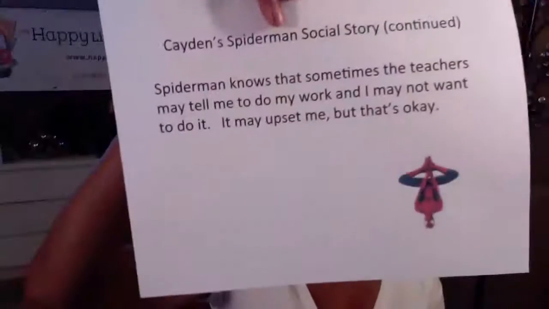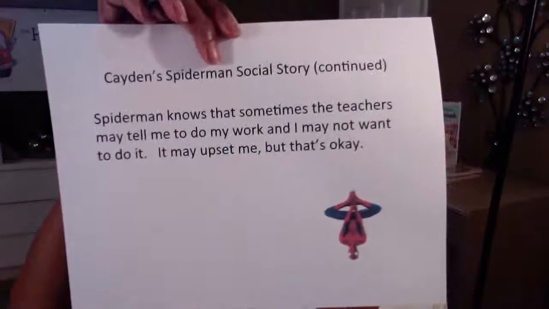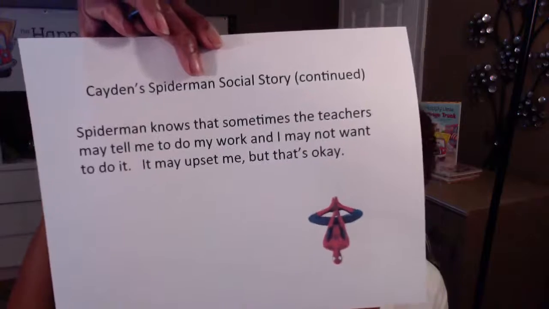The second page says Spider-Man knows that sometimes the teachers may tell me to do my work and I may not want to do it, but that's okay. I said it may upset me, but that's okay, because Caden did have difficulty and he was upset every time I asked him to do his work. But including that in the social story gives him a perspective of, oh, this is how I feel, and it's okay to feel that way.